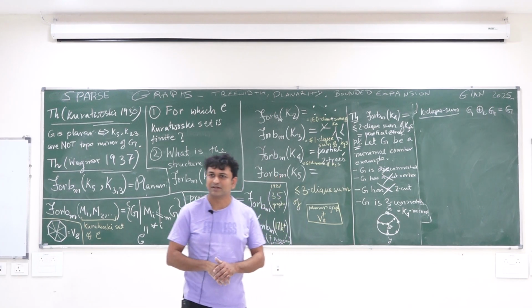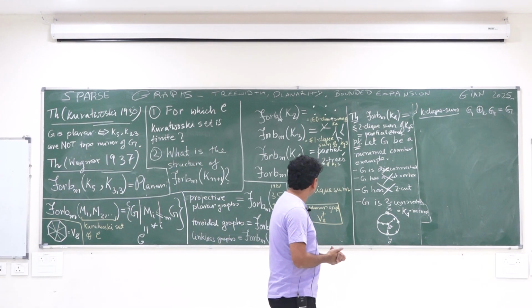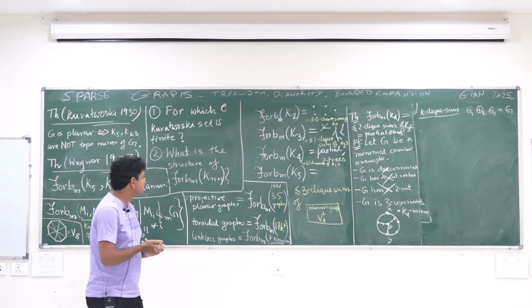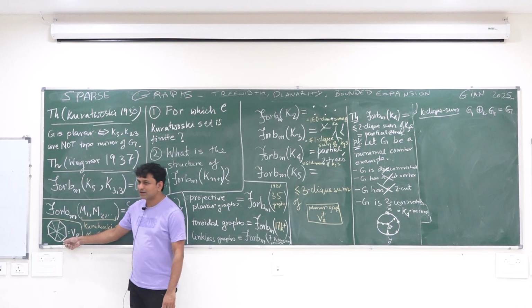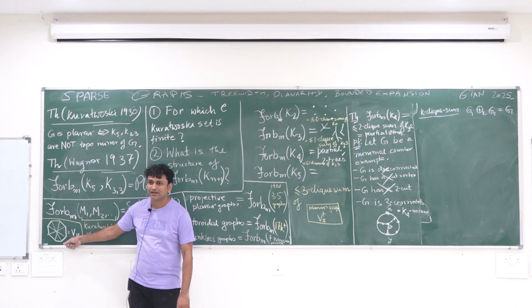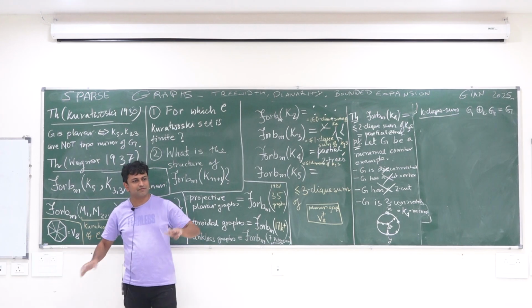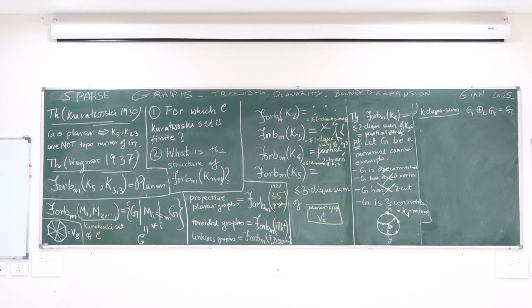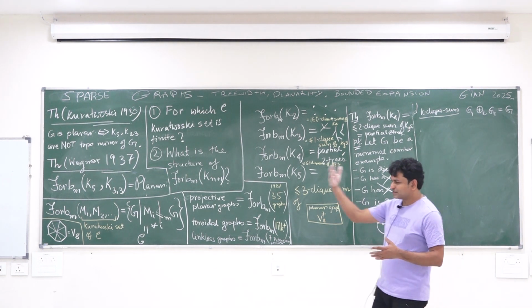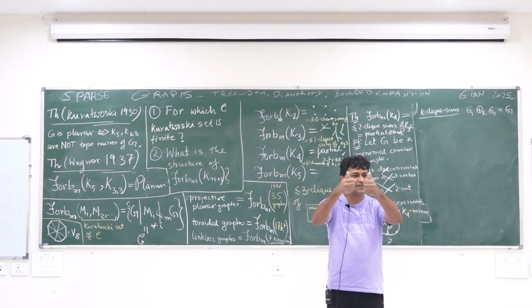Now notice something. What is this V8? How many colors do you need to color? 3 colors. This is a triangle-free graph and you need 3 colors. Now, if you take a 3-colorable graph and another 3-colorable graph, you do a 3-clique sum.